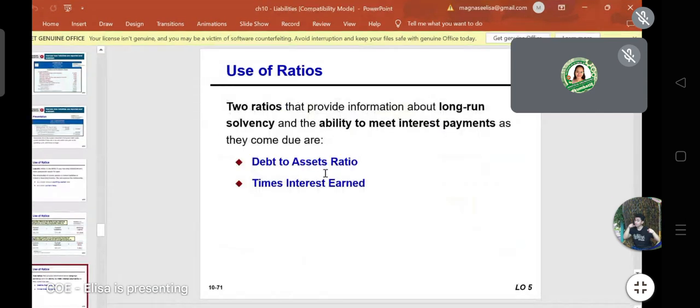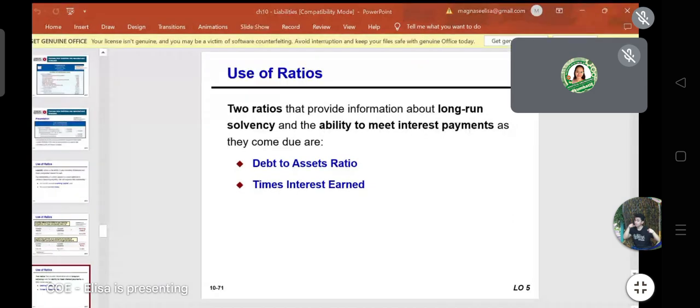Another is long run solvency. Two ratios that provide information about long run solvency and the ability to meet interest payments. So we have here the debt to asset ratio and then times interest earned.